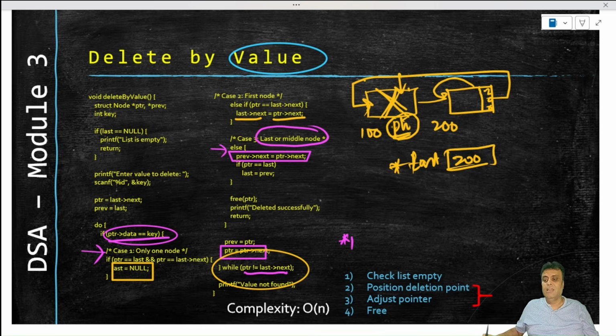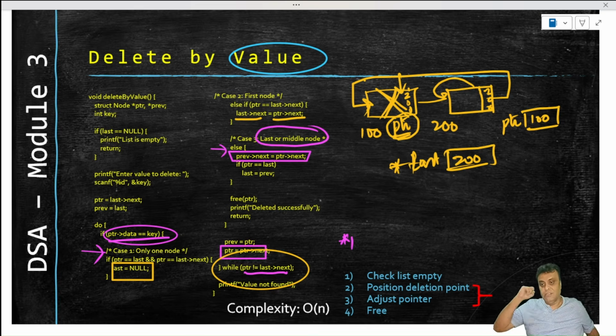Pointer is at 100, because pointer stopped at 100, the node which matched the value. So what is pointer's next? Pointer's next is 200, and we are saying put 200 here, self, right? So last next is equal to pointer next. That is the way for adjusting the first node.